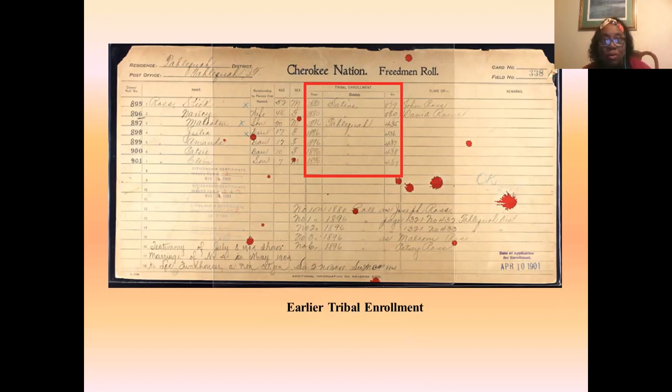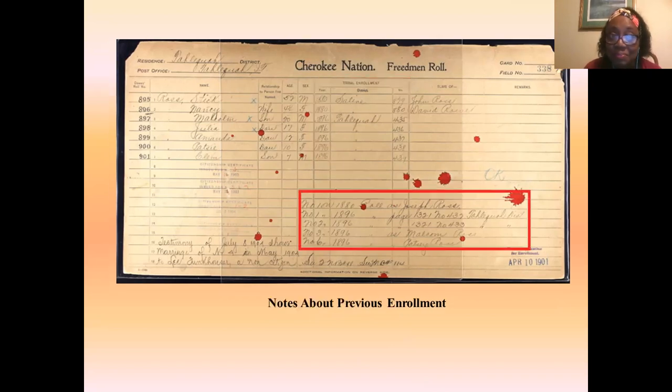Many people have heard of the authenticated 1880 census, and freedmen were placed on that roll as well. And it's pointing you to not only his name and that of his wife and children, it tells you what their roll number was on that roll from that particular year.